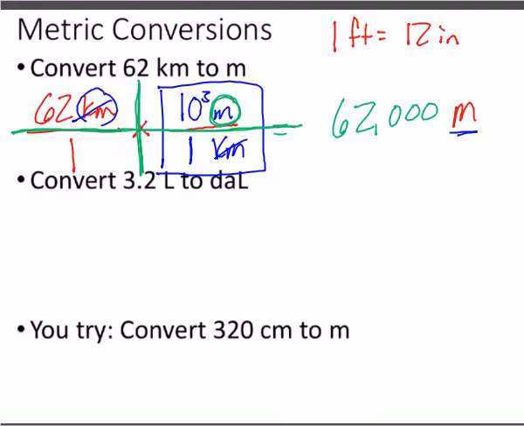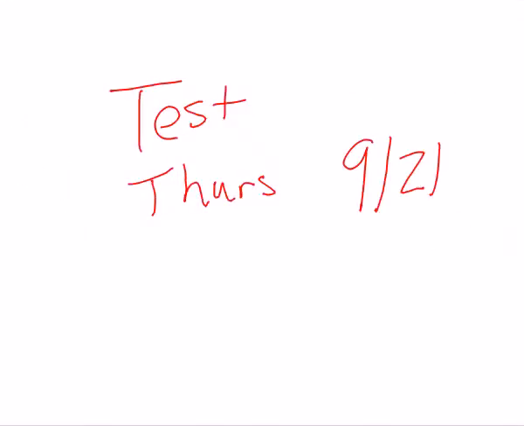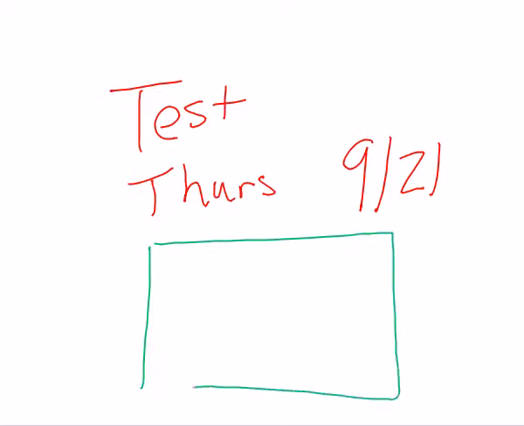Let's take a look at the second one. First step is to write my given, your known information. So 3.2 liters, and I'm trying to get to decaliters. So maybe you want to think back to your chart from yesterday, where we had kilo, hecto, deca, your base unit, then deci, centi, milli, and so on.